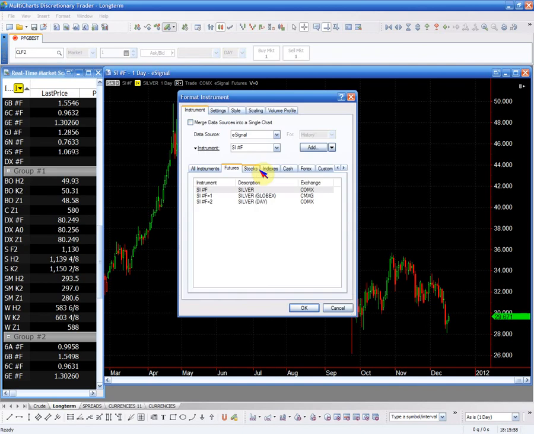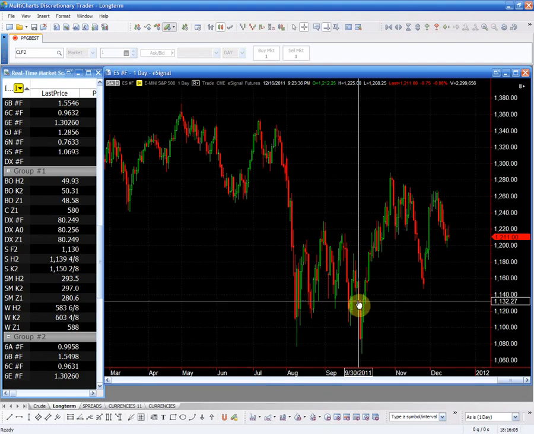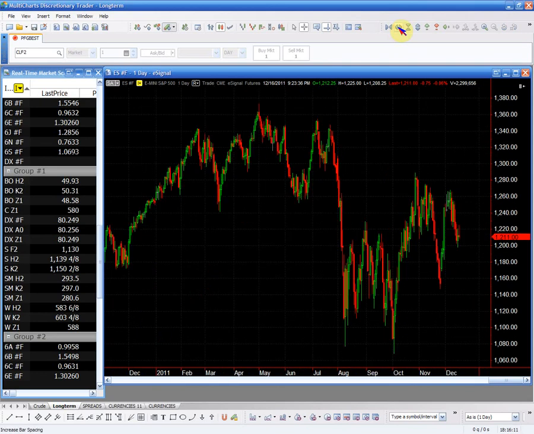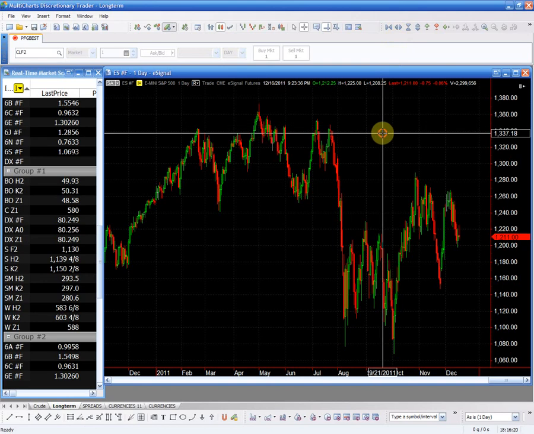Last but not least, if we look at the S&P, there isn't much there. It's La La Land, it's still weak. We're looking for a move to the downside.